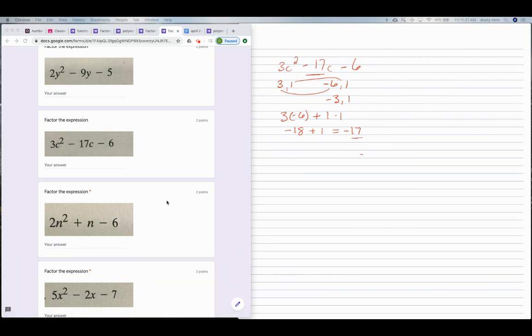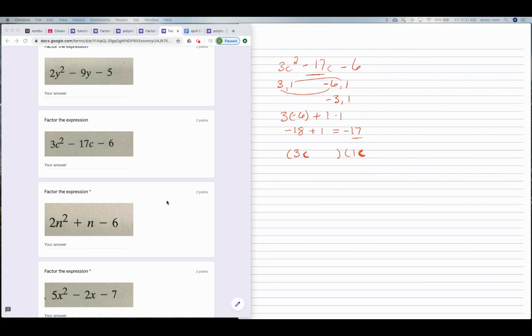So now we're going to use these factors in our two binomials. For our c's, we're going to have a 3c and a 1c. Now one is going to be positive, one's going to be negative.